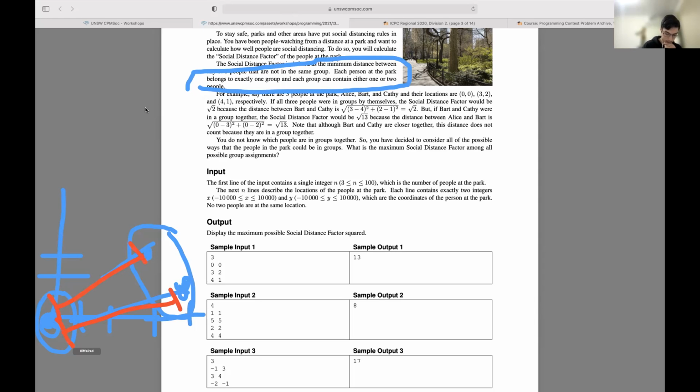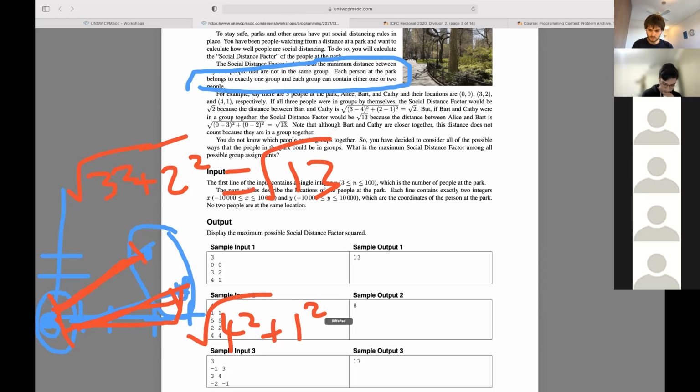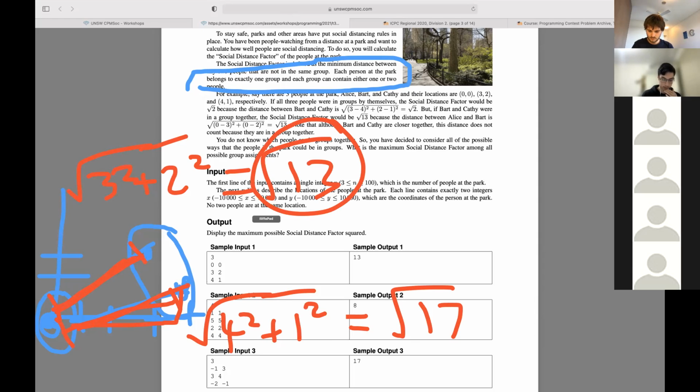This distance will be the square root of 3 squared plus 2 squared, which is root 13. And this one will be root 17, root 4 squared plus 1 squared. So the minimum distance between any 2 people is root 13, and so our answer is root 13, because that's the best we could have done.